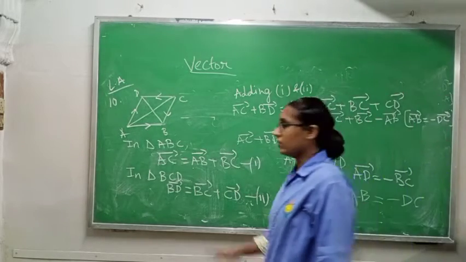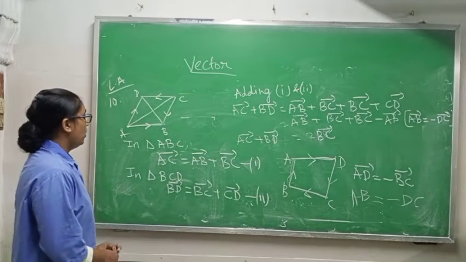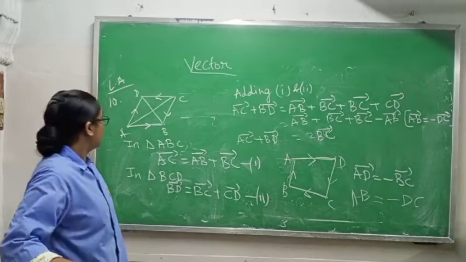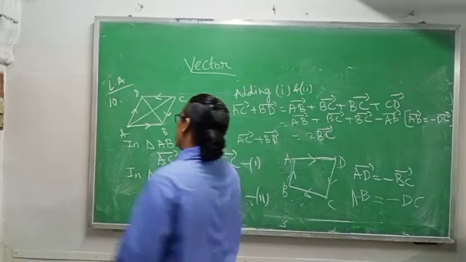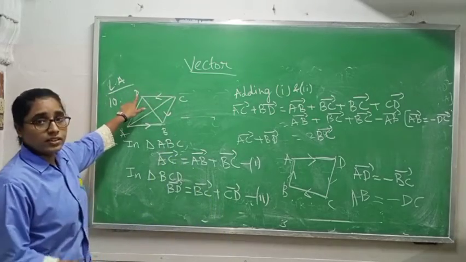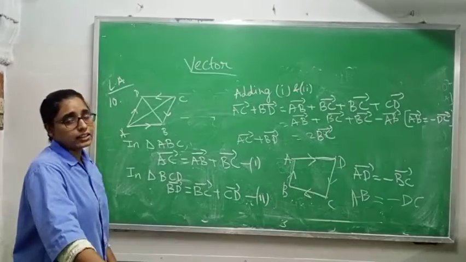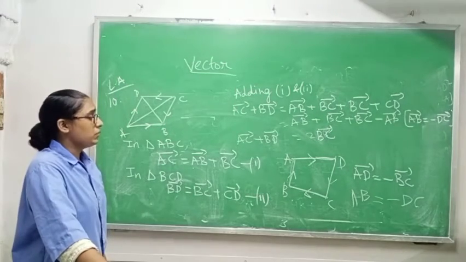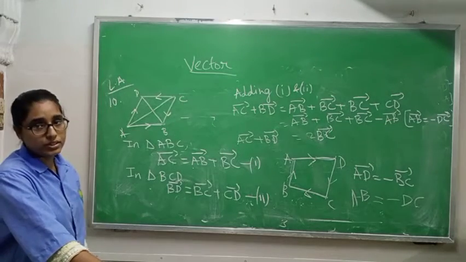Because I am going to deal with that property of vector. Okay, now it is written in the question that BD and AC are the two diagonals of a parallelogram. So ABCD is a parallelogram and BD and AC are the diagonals. First, in the first one we have to prove AC vector plus BD vector equals 2BC vector.